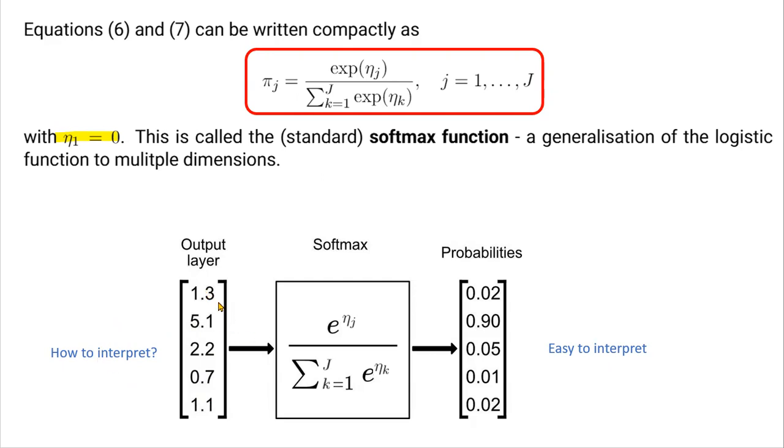So what we can do is pass these numbers through the softmax function, and it outputs probabilities, and we know how to interpret probabilities. Just to note, for this example you would have 5 categories. This is multinomial with that many categories.